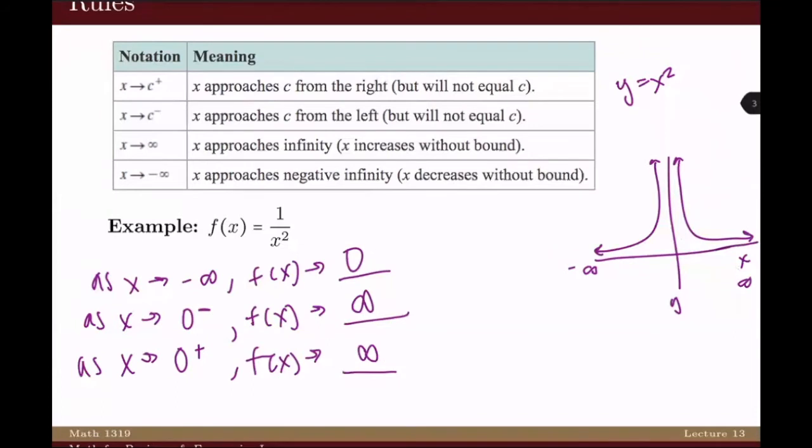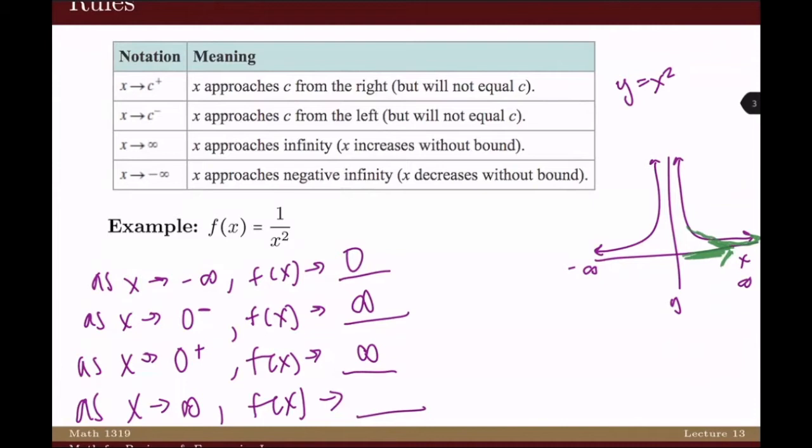All right, we've got one more to do, and that is as x approaches infinity, what is happening with f of x? Let's check that one out too. As x is going towards infinity, and remember positive infinity is going to be this way, as x is getting closer and closer to infinity, y is getting closer and closer to the x-axis.